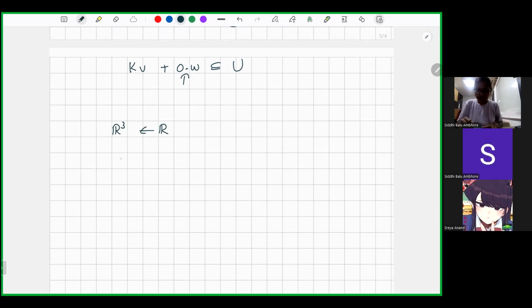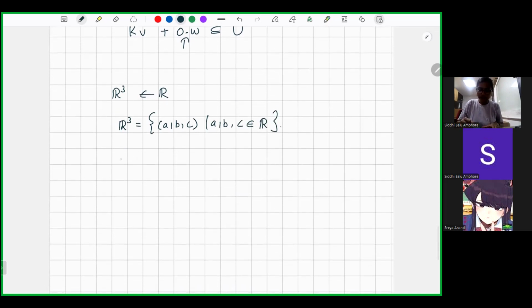So R3 is this set (A, B, C) such that A, B, C are from R, right? So what is your question? You are not understanding the vector space structure of R3. Ma'am, exactly.